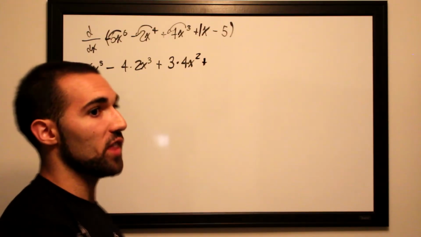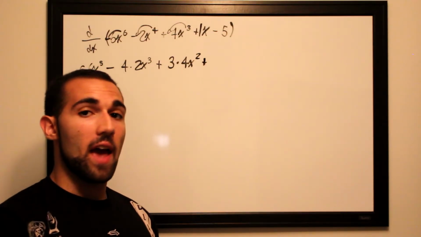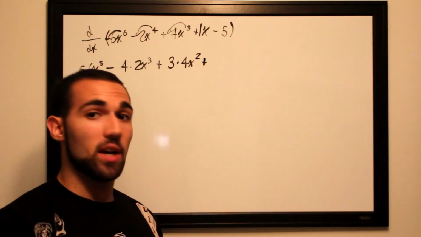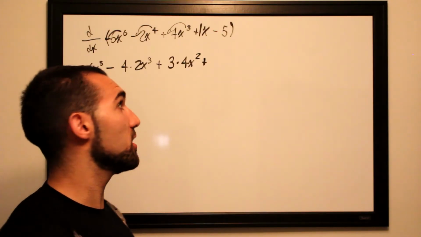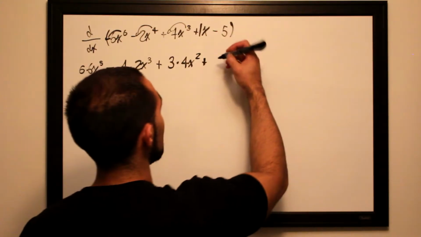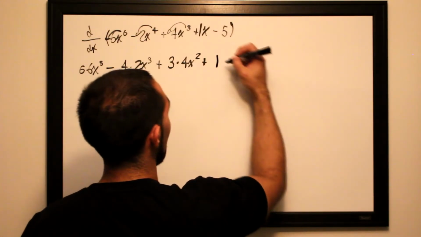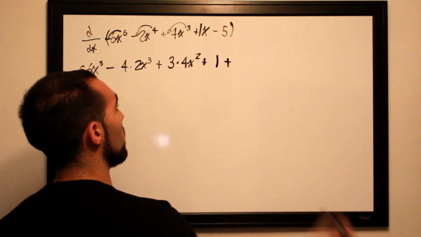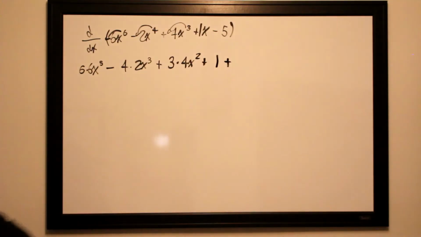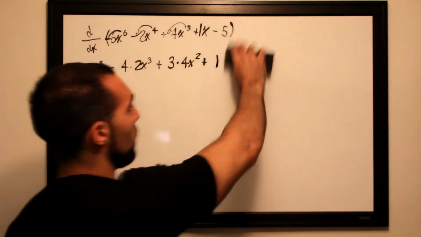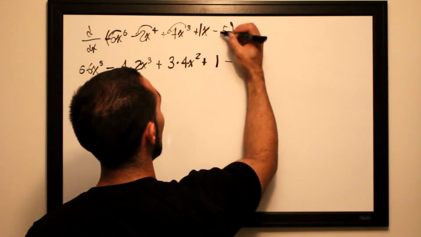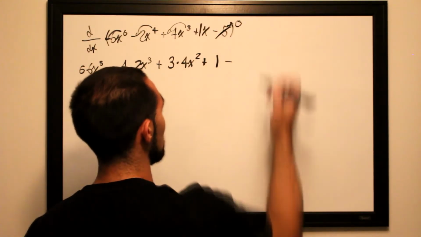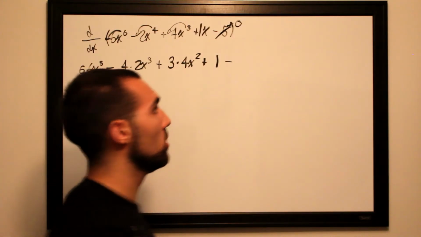Because we know that the derivative of any constant multiplied by x is simply the constant itself, the derivative of x is just 1. And this would be a subtraction sign. And then finally we want to subtract off the derivative of 5, which would simply be 0 because the derivative of any constant is 0.